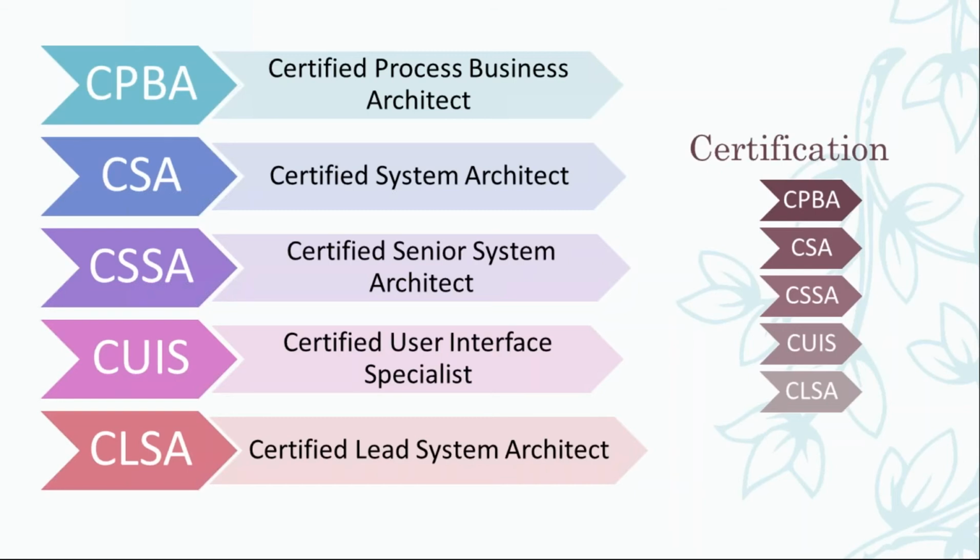CSSA, UIS and CLSA are still on Pega 7 only, and there is no further news from Pega about any retirement. These are for developers and higher advanced development roles.